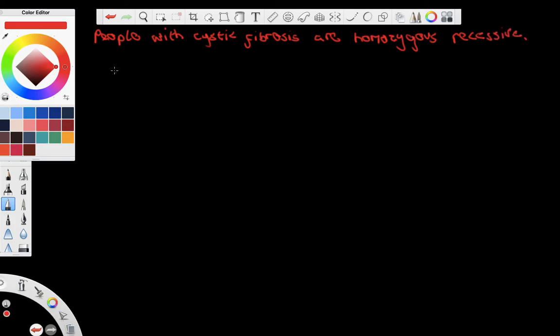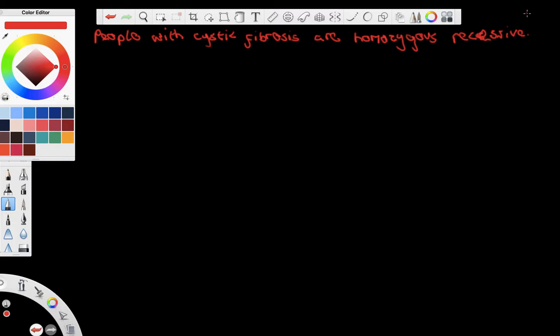Okay? Are homozygous recessive. And I'm going to try and neaten that up a bit. So in order to have cystic fibrosis, you have to have two recessive alleles.